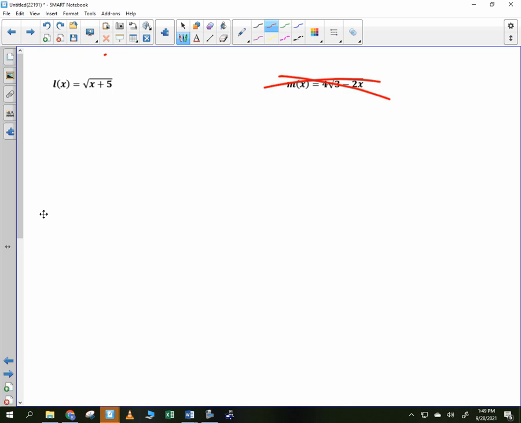So we have L of a plus h, and we have L of a. L of a is the square root of a plus 5. L of a plus h is the square root of a plus h plus 5.